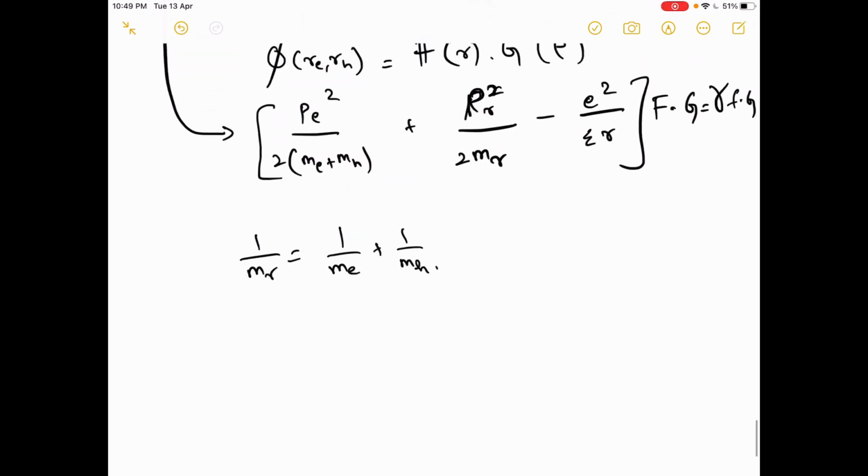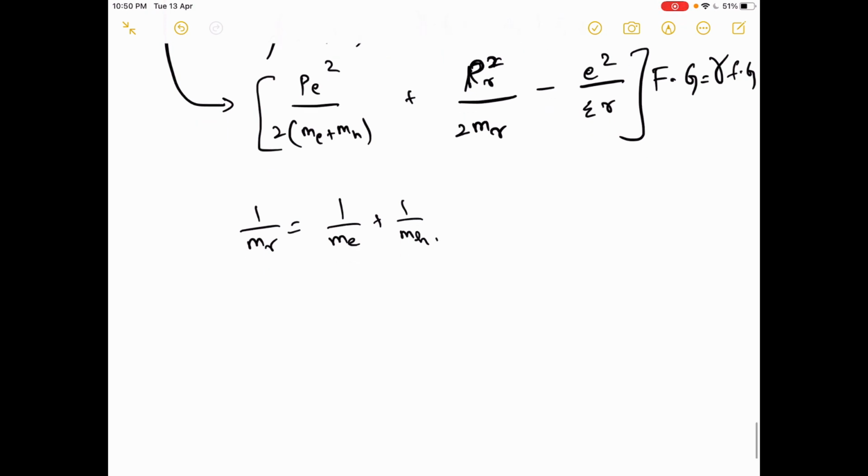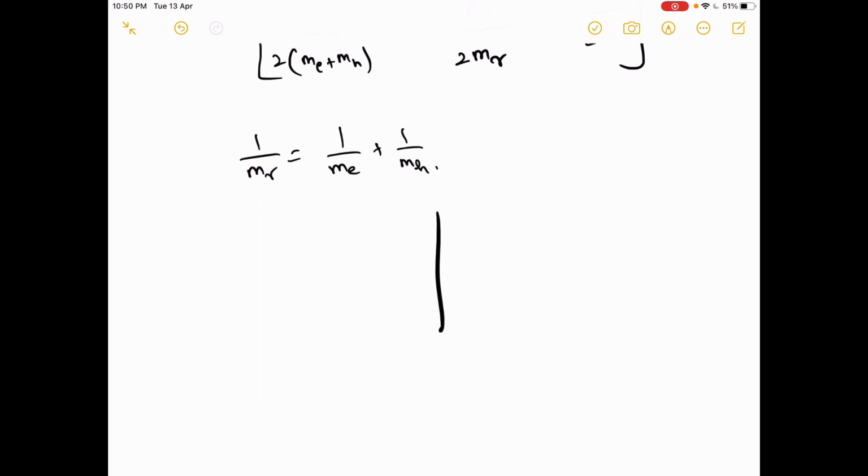So now let's say p is basically momentum, right? And p of rho multiplied by f is going to be 0. So now you can split this into two different equations. One is the center of mass component, which is p rho square by 2 times me star plus mh star acting on g of rho, which will be some constant.